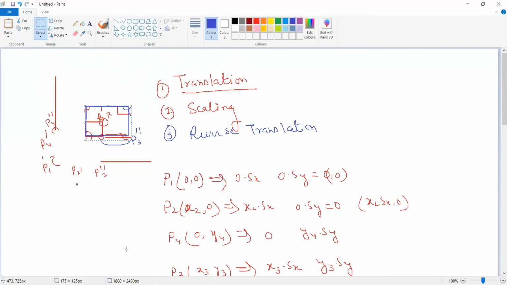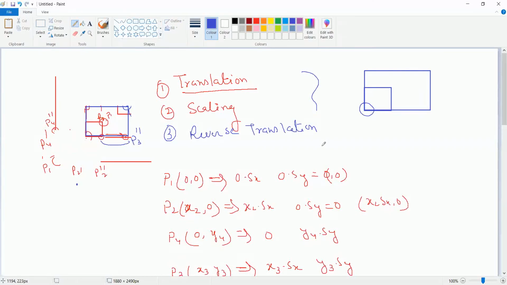As we are performing the reverse translation, first you bring that object with respect to the origin, and again you send it back to its original position. So this object will be shifted somewhere here. This was my original object, and after performing the scaling operation, my object will be like this one. So here we are performing the scaling with respect to a fixed point.